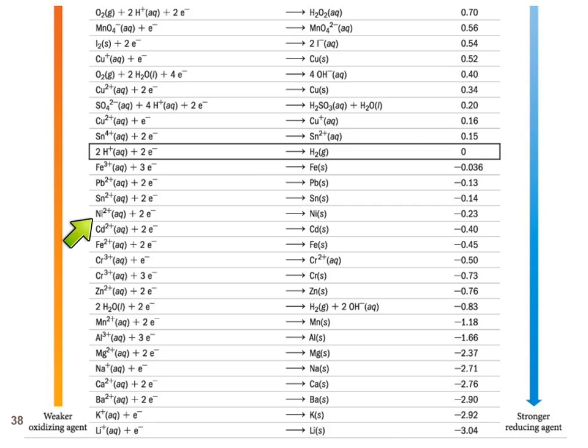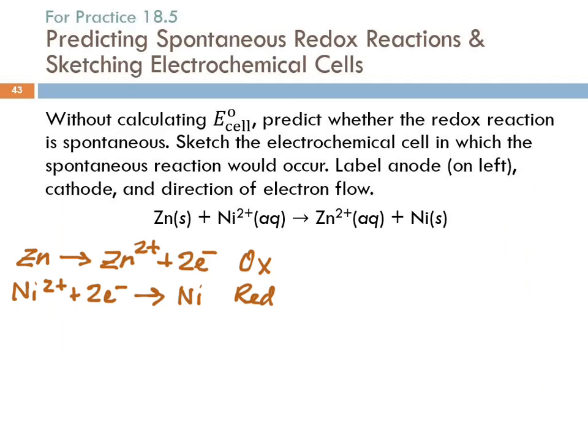So nickel gets to go as the reduction. Here, nickel is written as the reduction, and so this is spontaneous. If nickel was below zinc for this, then to make it spontaneous, you just swap the reactants and products, just turn it around.